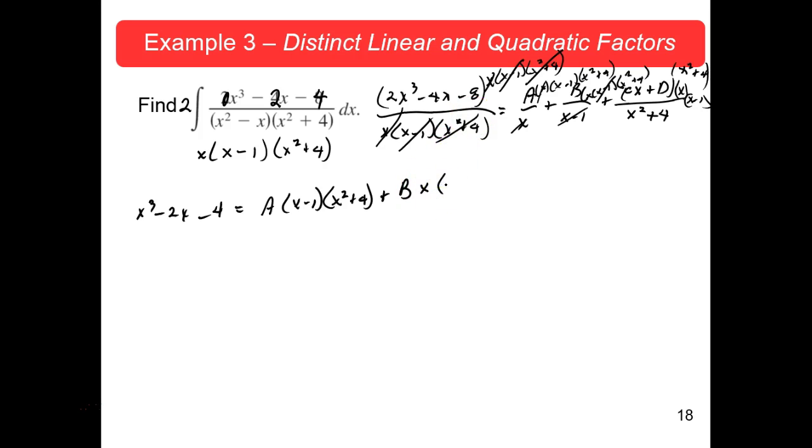Bx times x squared plus 4 plus, here I would put them in parentheses, cx plus d. Got to hang on to that. And what goes away? Okay, so this will be times x times x minus 1. Okay, that's our basic equation we're going to have to solve.